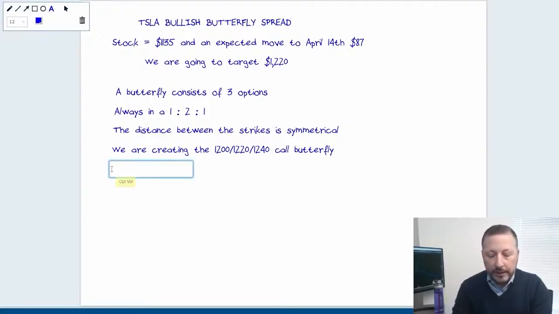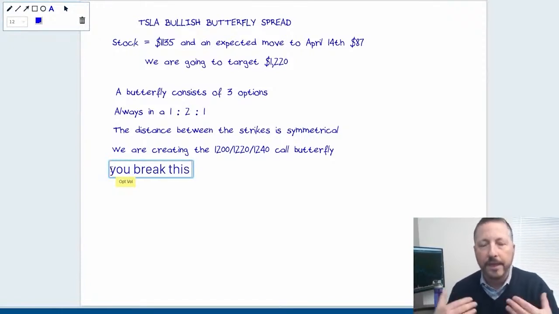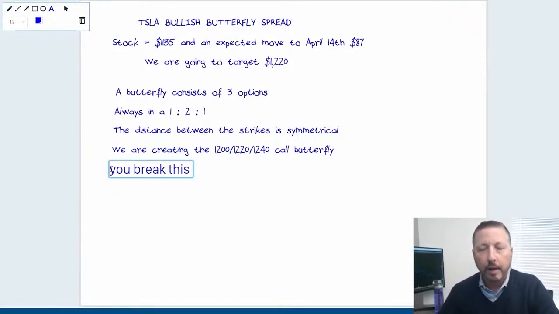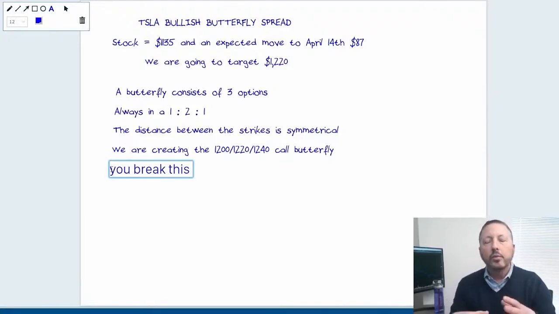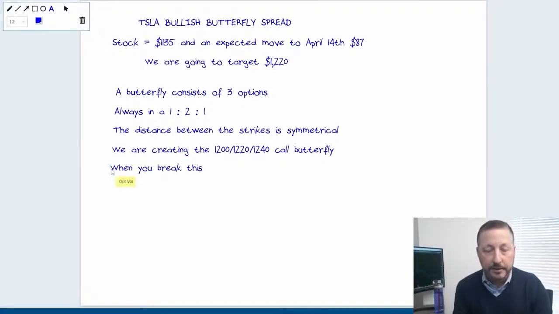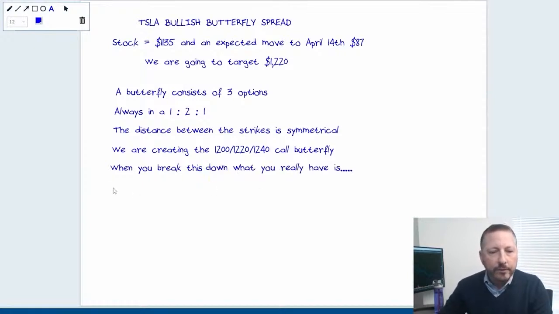So what we are really doing with the 1 to 2 to 1 ratio, when you break this down, and so many people get afraid of the name of a particular option spread, a butterfly, an iron condor, a strangle, a straddle, and think, oh my God, that is too complicated, I can't trade that, I'm too much of a beginner for that. Well, when you break a particular strategy down to its bare bones basics, a butterfly is really just two different spreads.